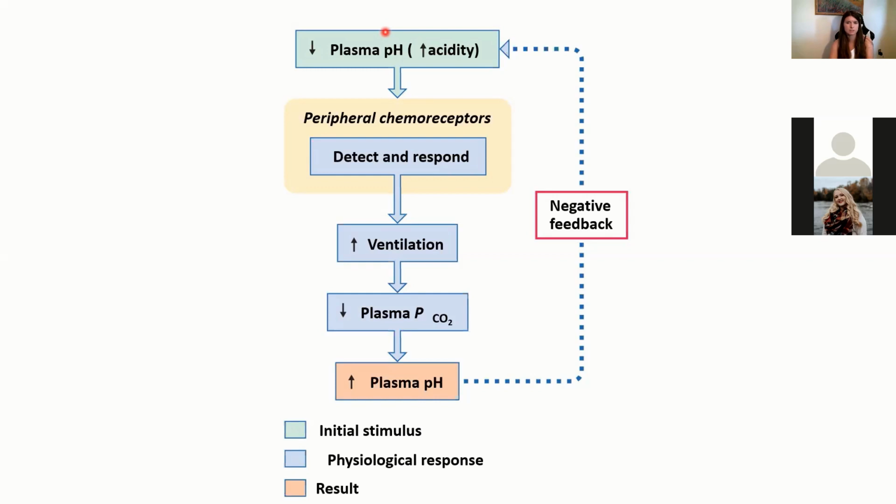This raises the pH of our plasma and is a negative feedback loop, because as we raise the pH of the blood, it kind of stops the system, right? We're actually correcting the pH, which means that we don't need to run the rest of these actions if our pH is fine.